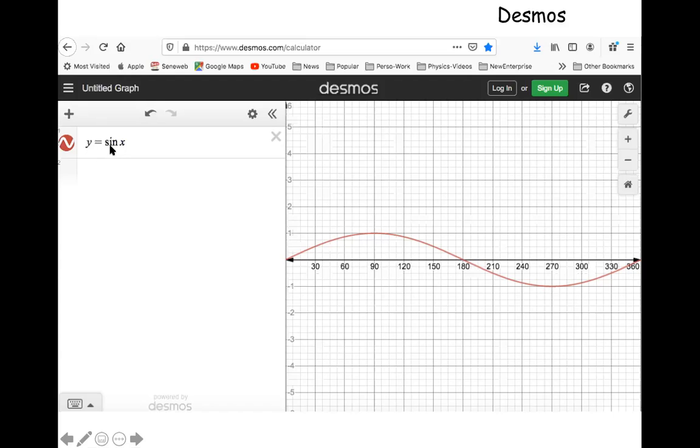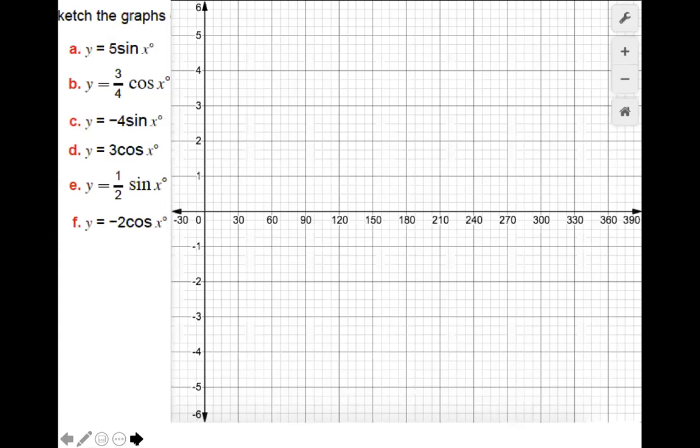So I've typed there y equals sine x, and you can see that y equals sine x is being drawn for me. You can change the axis if you want. Here I had it right up to 6, but you can change that. Let me show you.